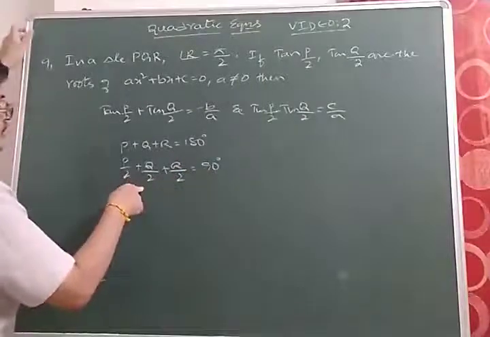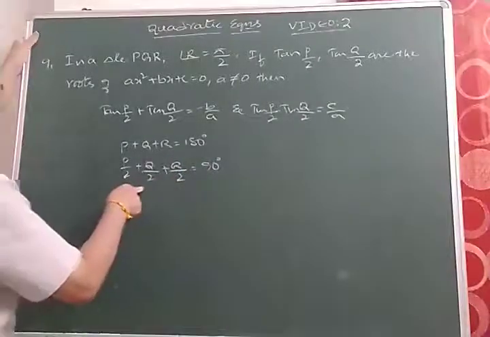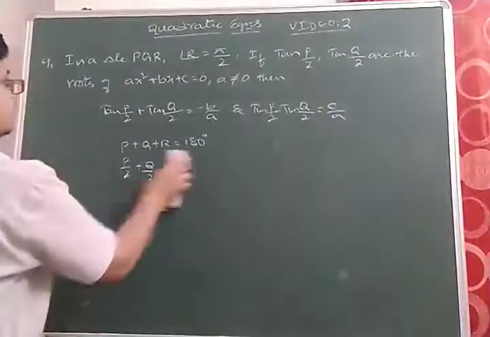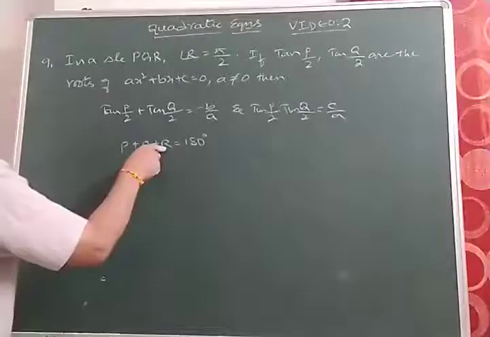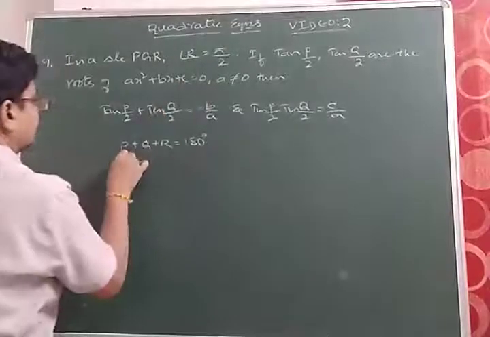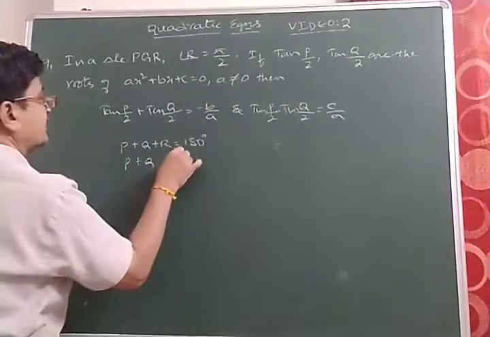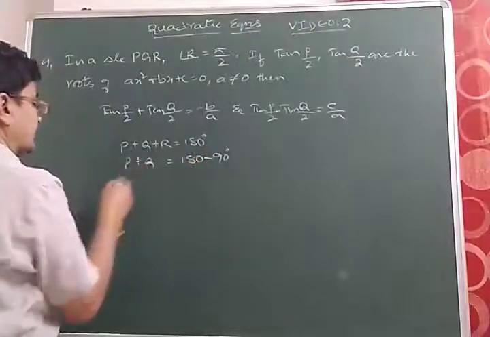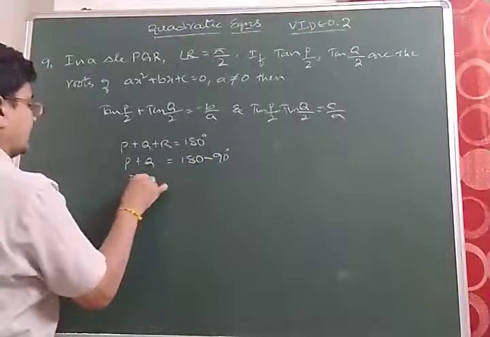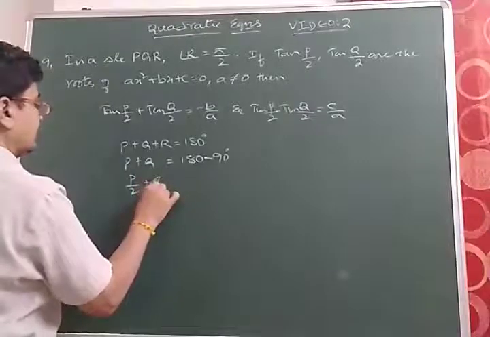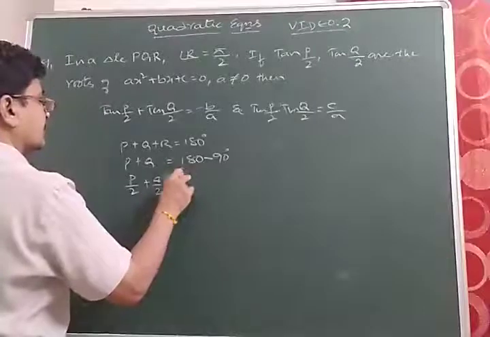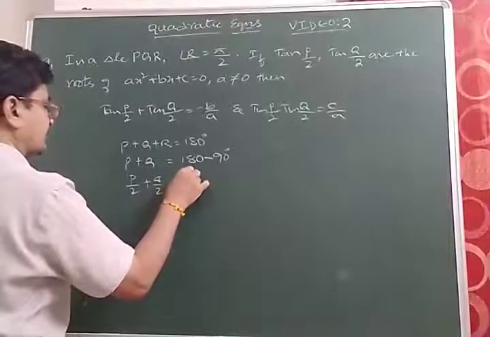Given angle R is equal to 90 degrees. P plus Q is equal to 180 minus 90, that means 90. Then P by 2 plus Q by 2 is equal to 90 by 2, that means 45.